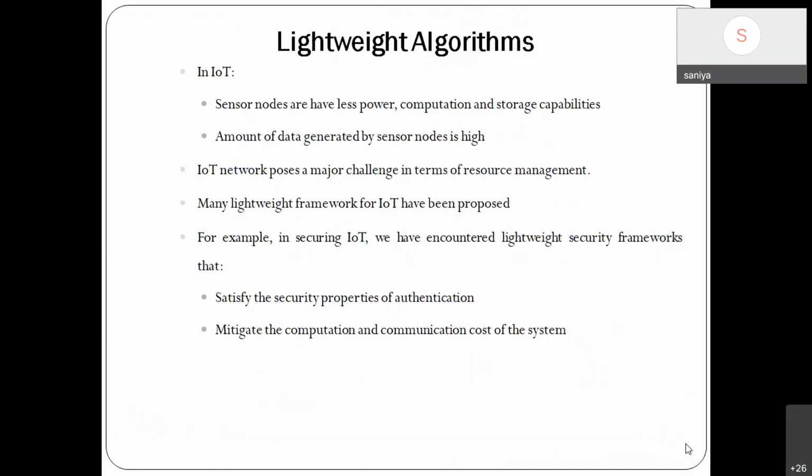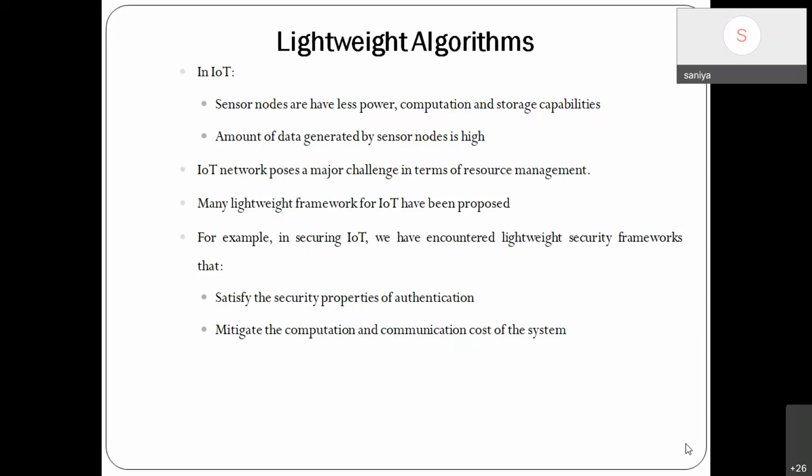So if I talk about IoT, the sensor nodes have less power, consumption, and storage capabilities. The amount of data generated by a sensor node is high. Then the IoT network poses a major challenge in terms of resource management because we need to use lightweight frameworks and design lightweight algorithms for this. So this is an area of research. For example, in securing IoT, we have encountered lightweight security frameworks that satisfy the security properties and mitigate the computation and communication costs.